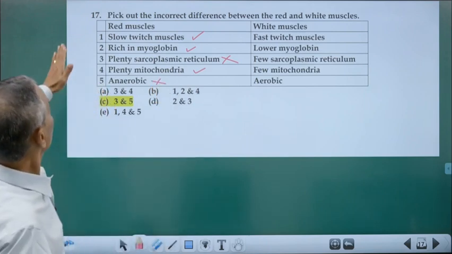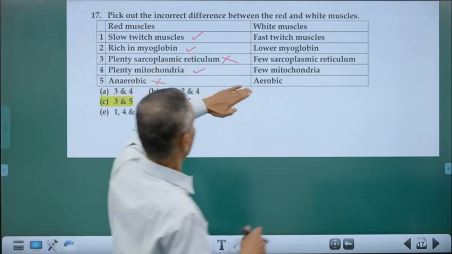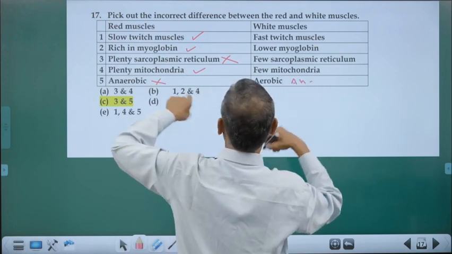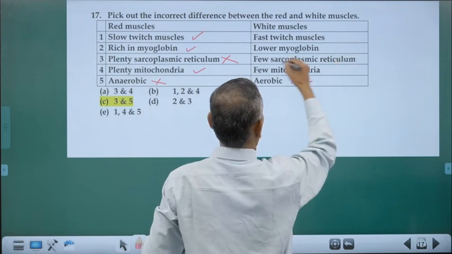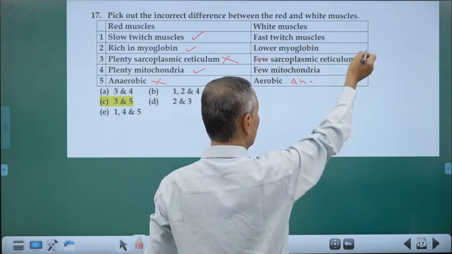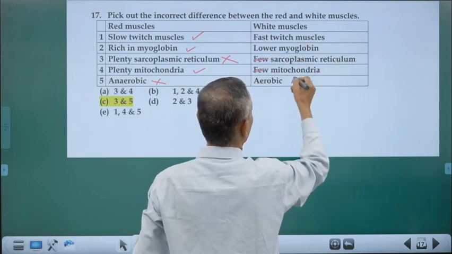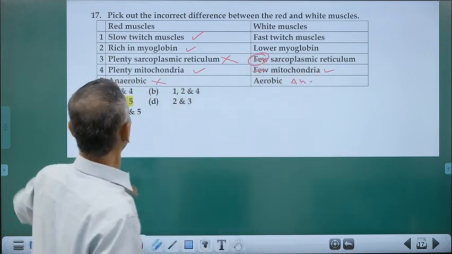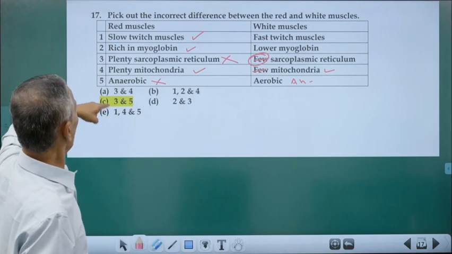So here it is aerobic, no, it is anaerobic, and few sarcoplasmic reticulum is wrong. Here abundant sarcoplasmic reticulum and few mitochondria, that is correct. This is wrong. So 3 and 5 are wrong.